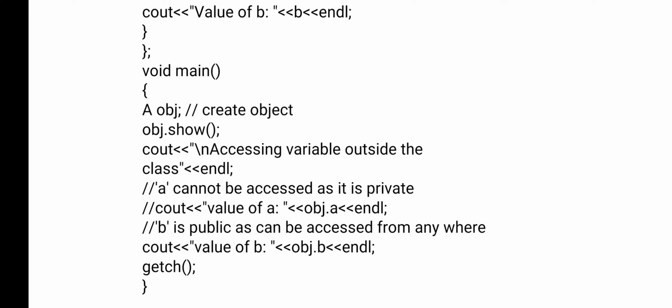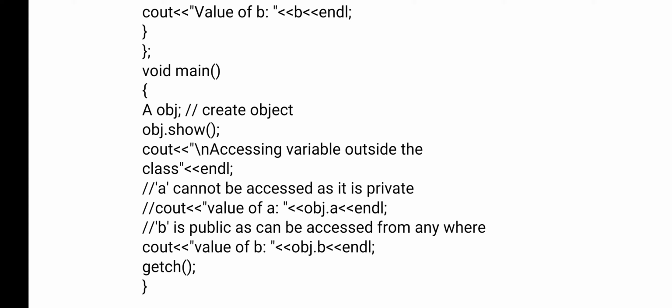Then we'll see whether it is possible or not. After the show method, I have given one output statement, accessing a variable outside the class. So I want to access the variables which are declared inside the class in the main function.